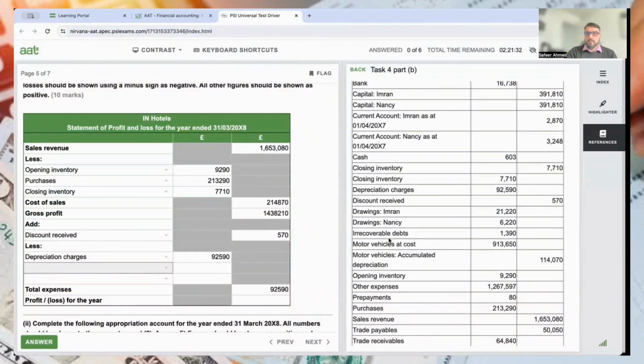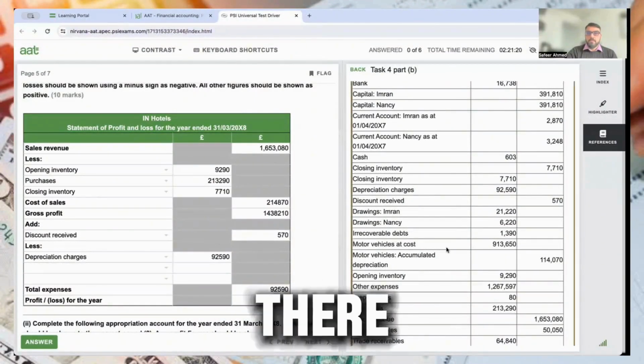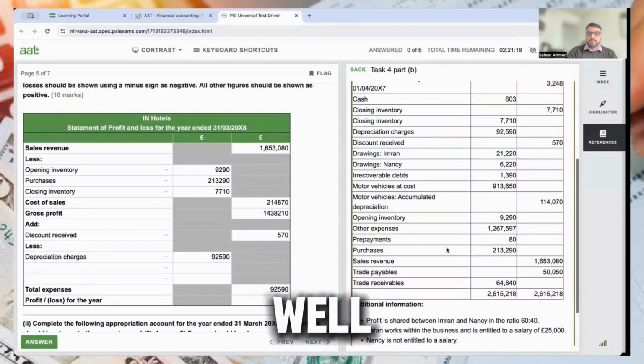And if you look at the other expenses, we need to look at whether there are any other expenses as well. Okay.